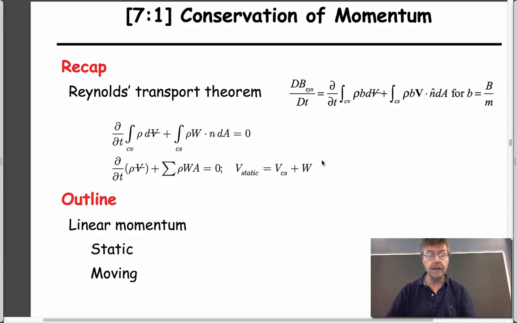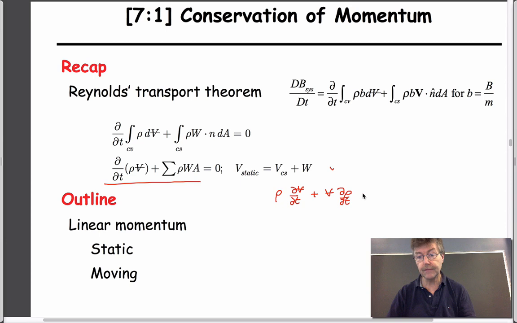You'll remember that the basic tenets of it came out in two forms. We wrote those forms as something like density times the rate of change of volume with time, plus a constant volume multiplied by the rate of change of density with time, plus the rate of change of mass, has to sum to 0.